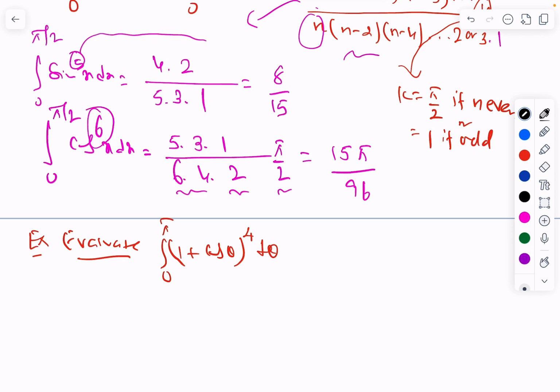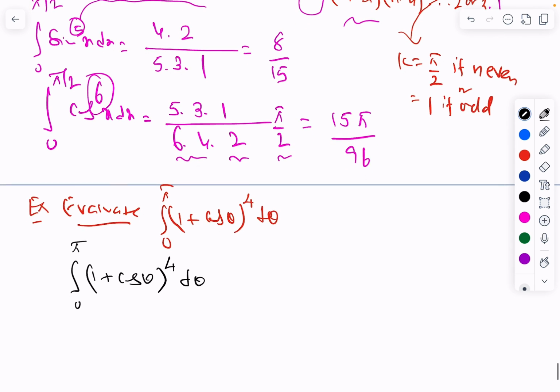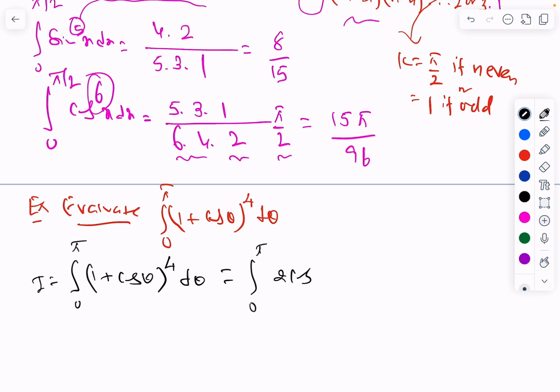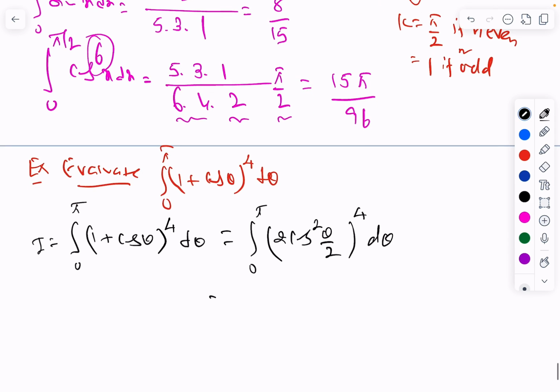Now here, 1 plus cosine theta is a standard trigonometric formula, that is 2 cosine square theta by 2, and power 4 d theta.